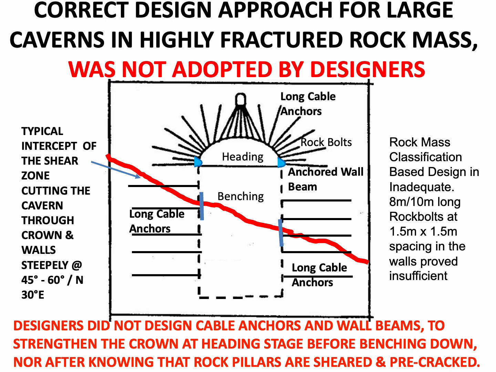As was indicated earlier in 2014 in a numerical analysis done by the civil contractor who was constructing the powerhouse complex in the project, there will be widespread yielding in both walls of Downstream Surge Gallery as benching would progress.